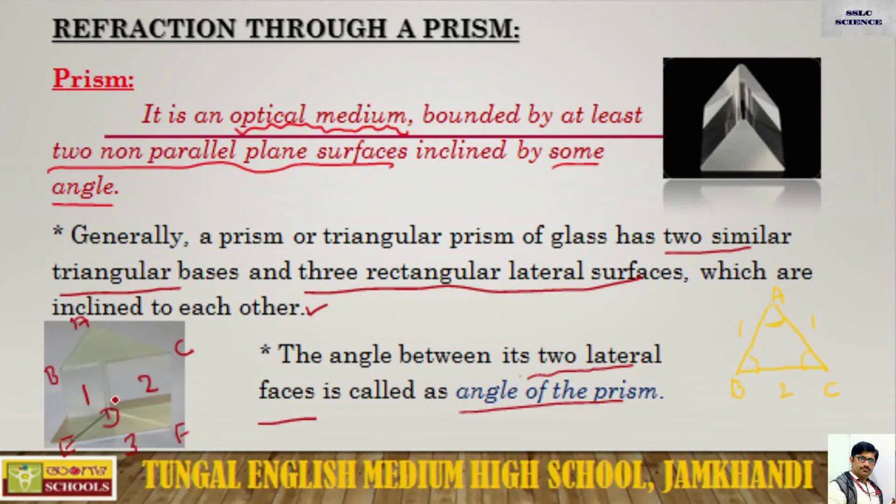You can go through EDF as well, no problem. Lateral means side, so the angle between two side faces is taken as the angle of prism. This portion is the angle of prism A, as I already quoted here also. So this is the angle of prism.